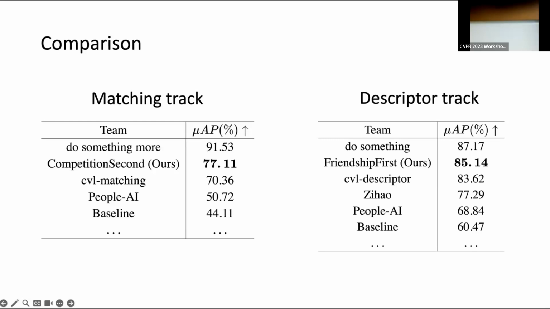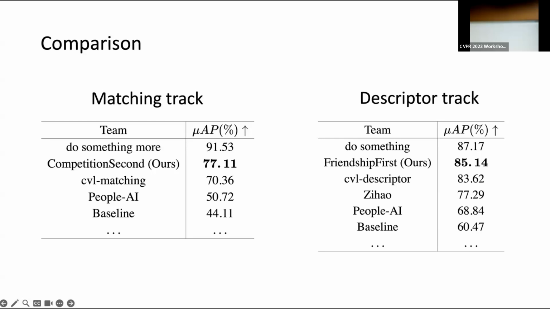However, we use the temporal network given by the baseline method, and we use this to match the features obtained from the descriptor track directly. So our performance is a little lower than the first one, but we are much better compared to the baseline method and the third place method.